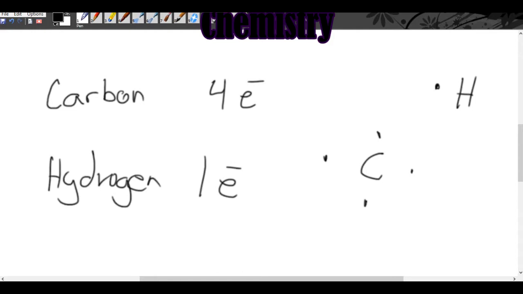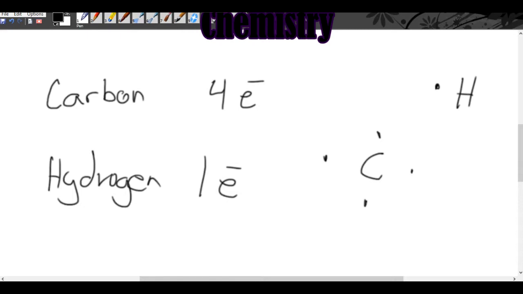Most of the organic molecules that you can find everywhere contain solely carbon and hydrogen, while some of them may contain oxygen, fluorine, nitrogen, bromine, some other halogens. But most likely, you're going to be finding carbon and hydrogens.